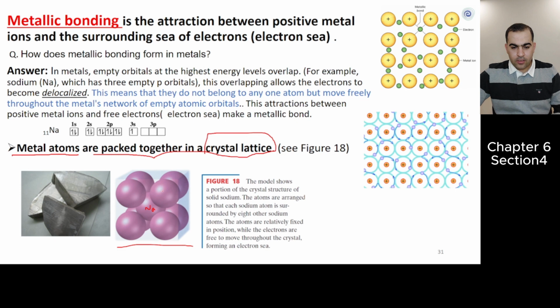Here, this is 1, 2, 3, 4, 5, 6, 7, and 8. This is the crystal lattice of sodium. But it's not the same for all. Not each metal atom is surrounded by 8 other metal atoms. This is for sodium. For other metals it might change.